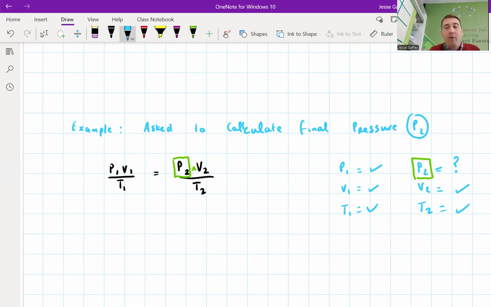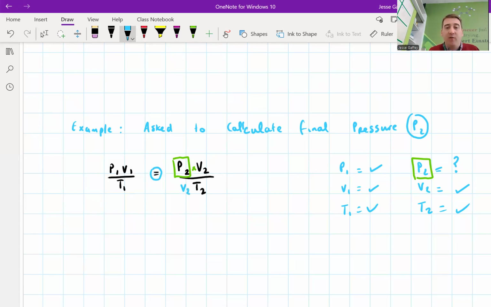We can do some operations to both sides of the equation. This here is equals, and that means do the same to both sides. If you're going to make a change, you've got to do the change on both sides, keep it balanced. So we want to remove V2. You can't just rub it out, but you can divide by V2.